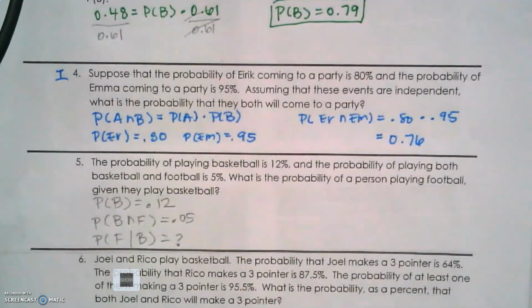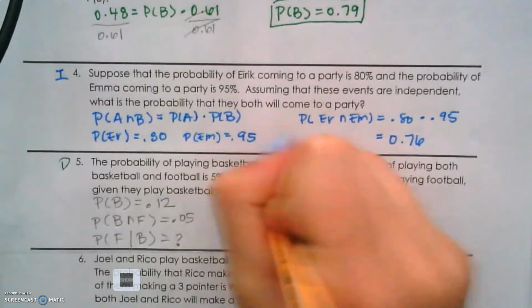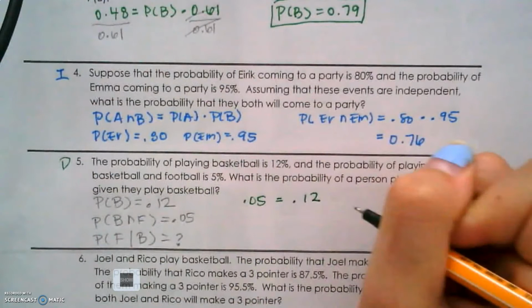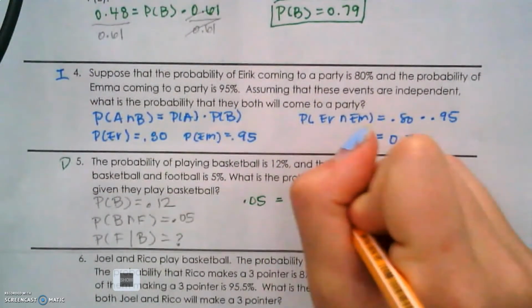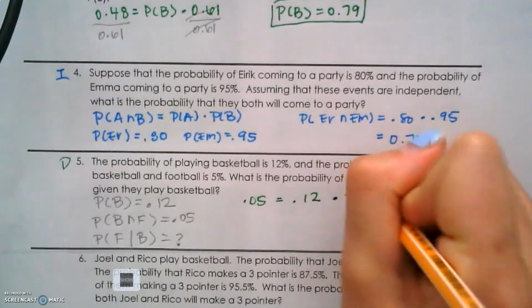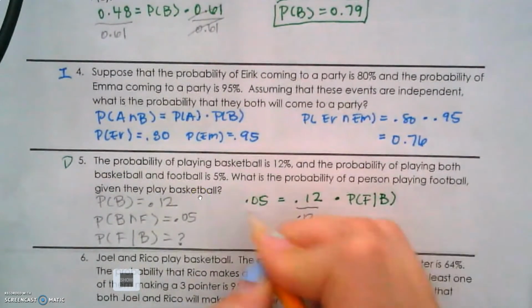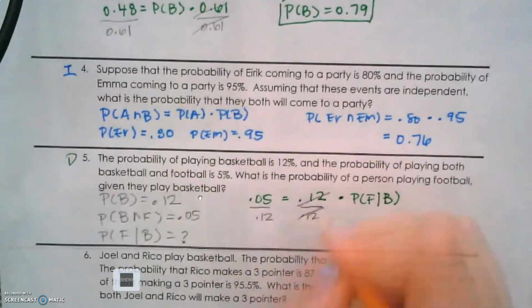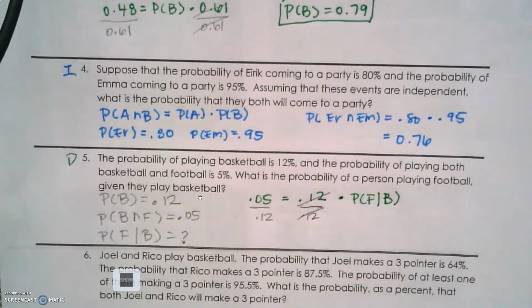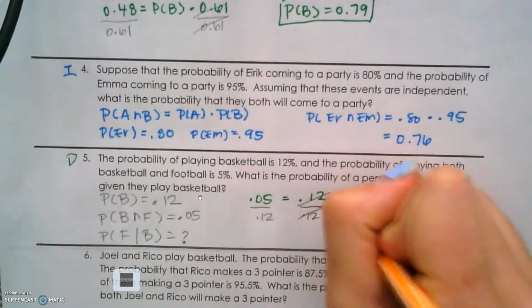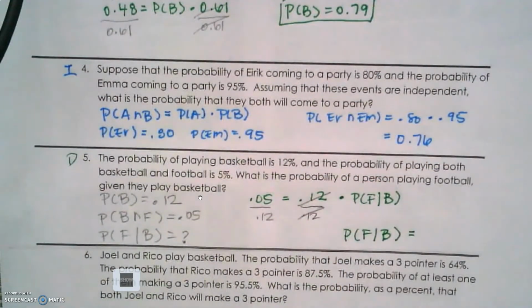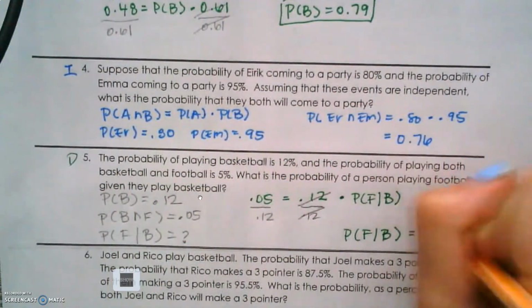That's one of those dependent ones, or the conditional probability, because we have that conditional statement there. So the probability of their intersection is equal to the probability of one event happening times the probability of the given event. So we're multiplying here, so we get to divide to solve. So we have 0.05 divided by 0.12. So the probability of football given basketball rounded to the nearest hundredth is 42%.